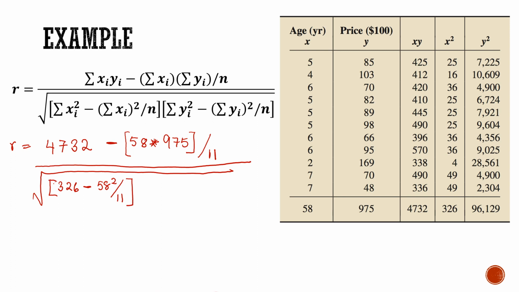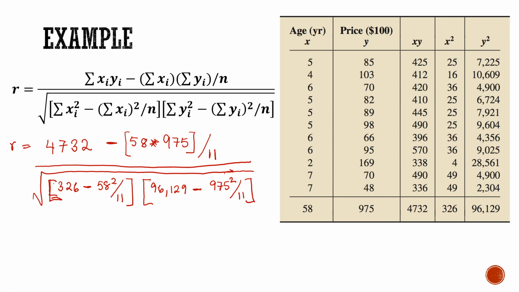That's the first box, multiplied by sigma y squared. Sigma y squared is here, 96,129, minus sigma y whole squared, which is 975 squared, divided by 11.